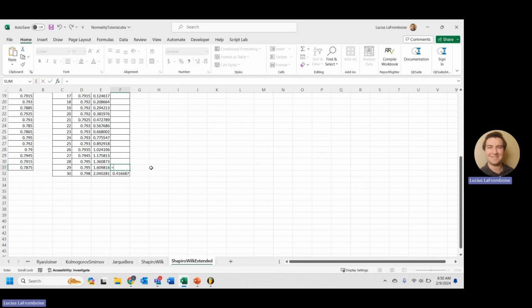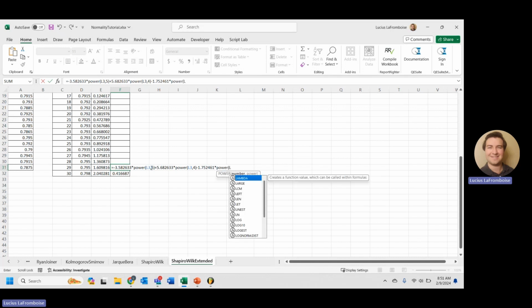Now let's do A of N minus 1, which is negative 3.582633 times power, again, that's going to be L3 to the 5th, plus 5.68263 times power of L3 to the 4th, minus 1.752461 times power L3 to the 3rd, minus 0.293762 times power of L3 squared, plus 0.042981 times L3.